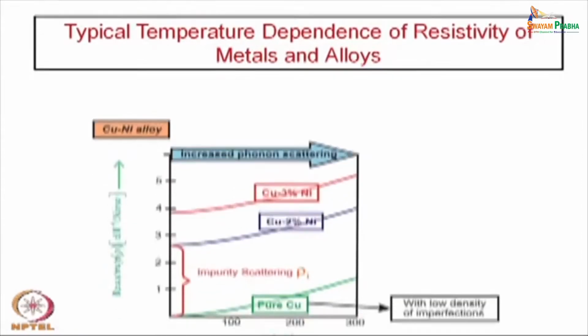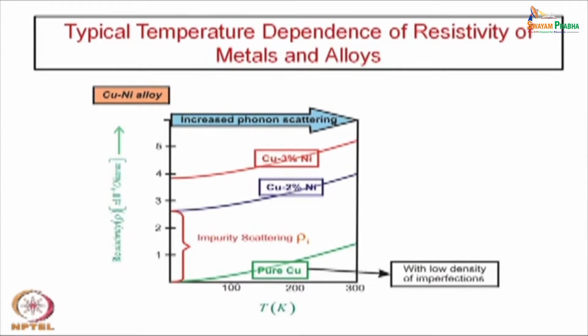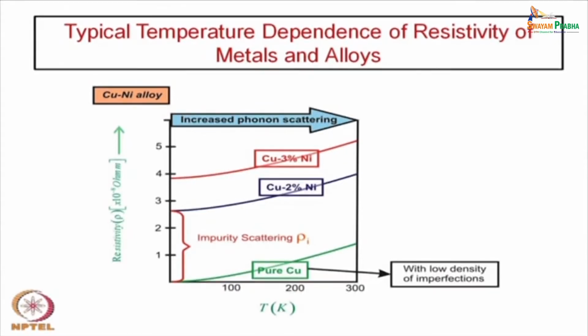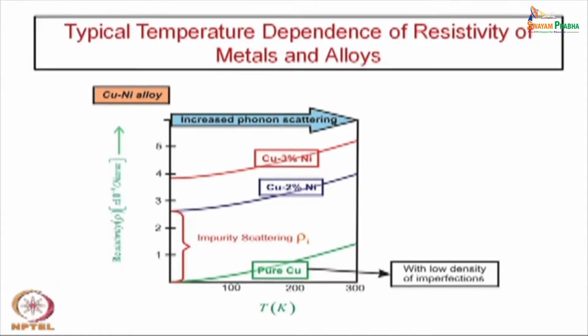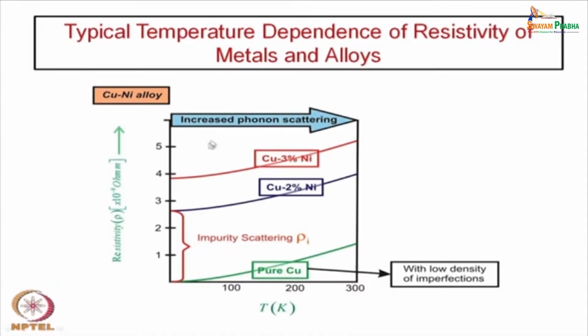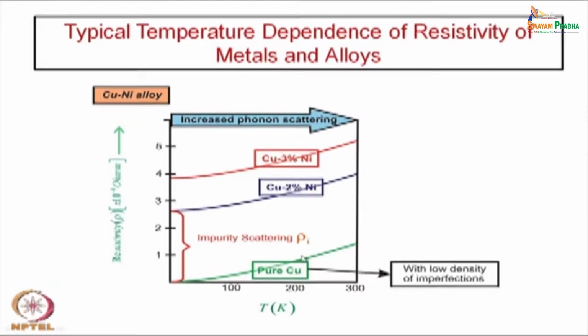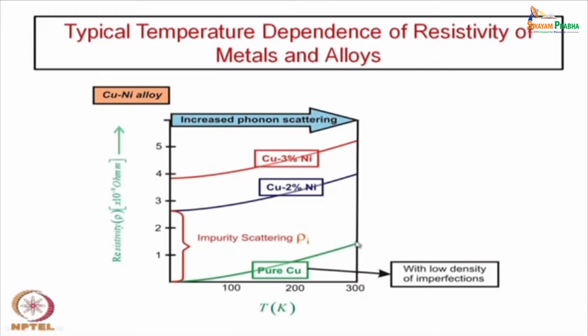And this is the plot which we have already presented, but just for the sake of completeness, once again we are giving you this because it describes many different other points we have discussed so far. For example, this is the resistivity curve of pure copper, where there is basically no impurity effect, it is primarily the temperature effect.